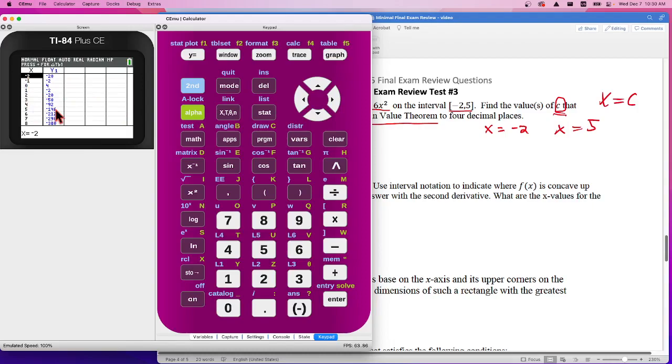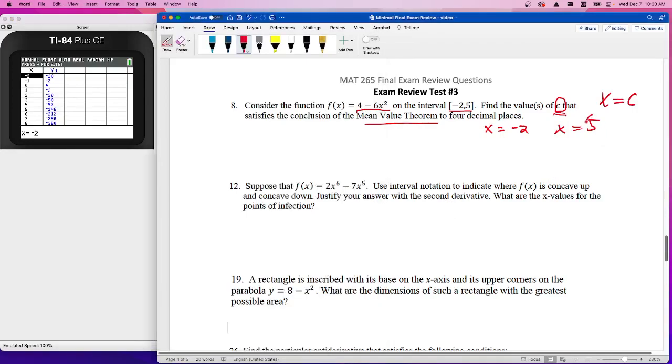We're going to need these values anyway, so the point at 5 is going to be -146. Even for an open answer, for showing your work, you don't have to show the arithmetic, but just show that you've got these points.